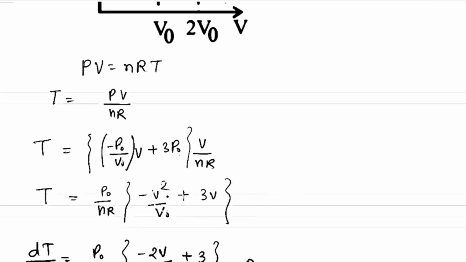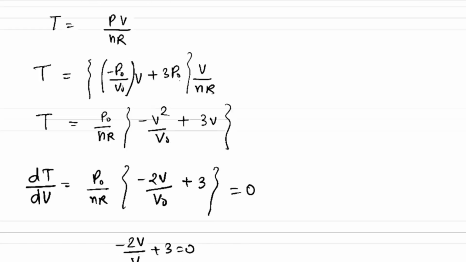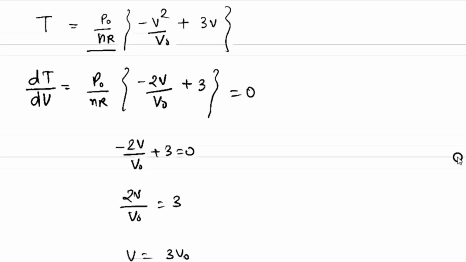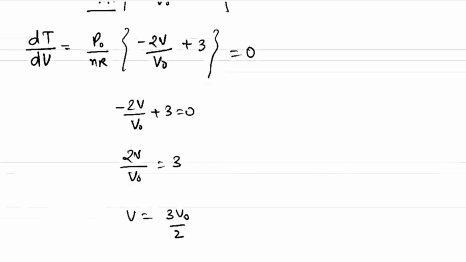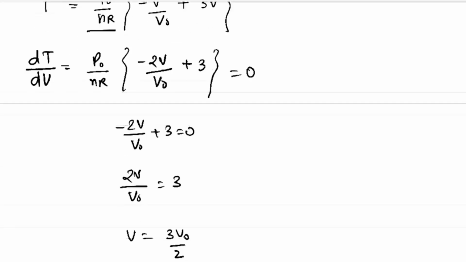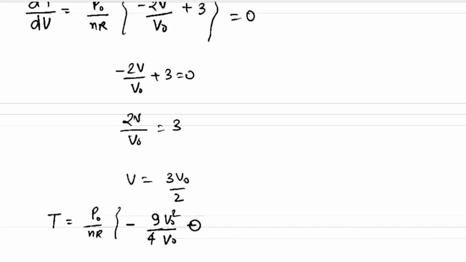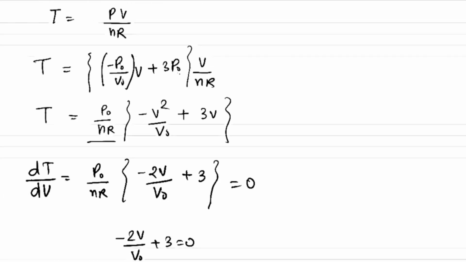Now you can just put this in this expression, right? So this was the expression of the temperature, just put the value of volume at which the temperature will be maximum. So after putting the value of V, P naught by nR, and in the bracket you see minus V square by V naught, so I will write minus 9 by 4 V naught, that is the V square by V naught, plus 3V, right?